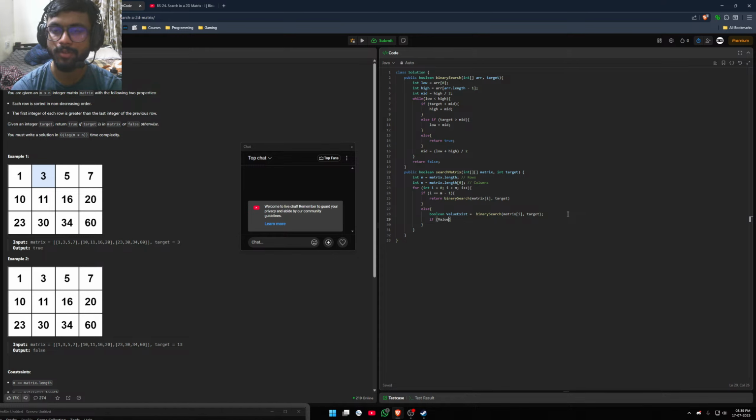If value exists, then we return exists. It shouldn't be capital.